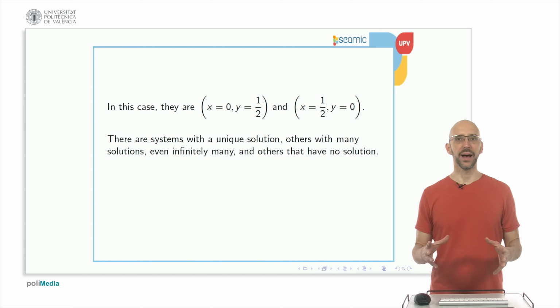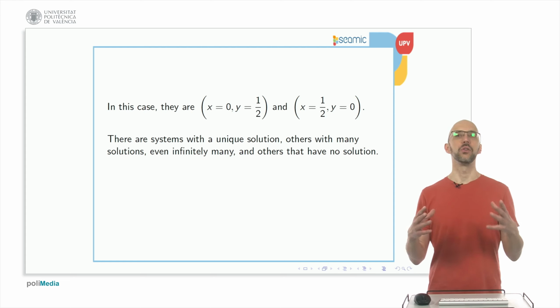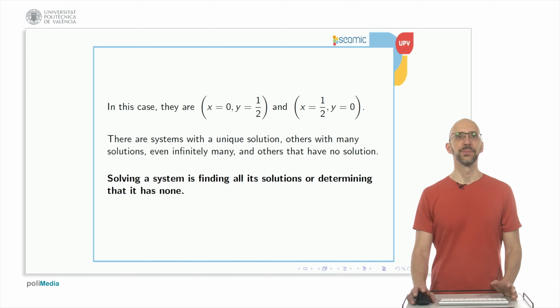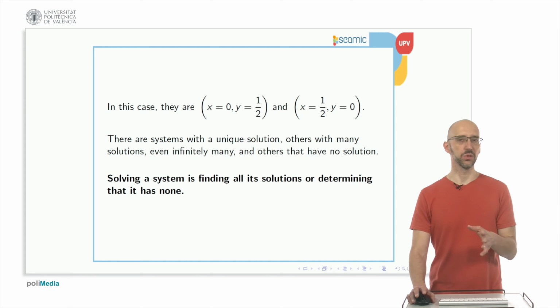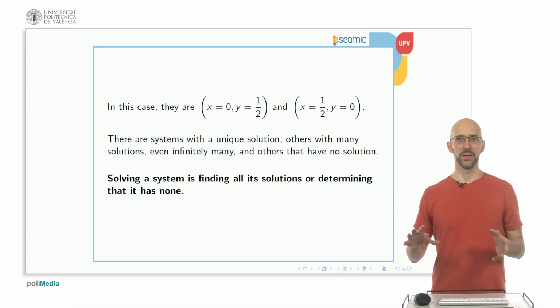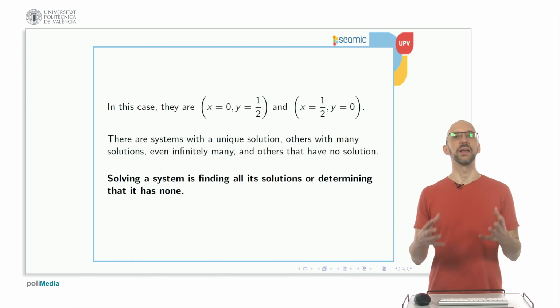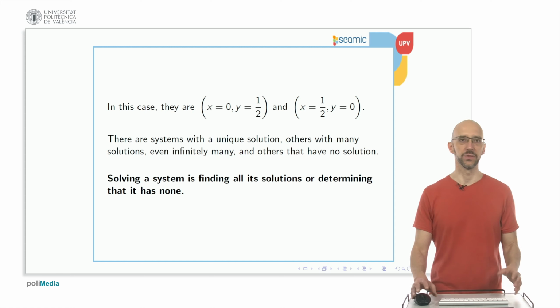We need to find out when a system has only one solution, infinitely many solutions, or no solution at all. In this case, be careful, because the system was not a linear system, since one of the equations has x squared and y squared. This is something we are not going to see here. But it was just to give you an example that putting things together can limit the number of solutions.